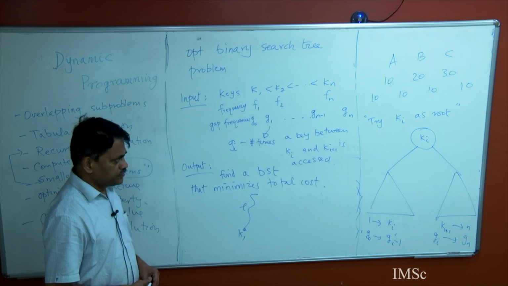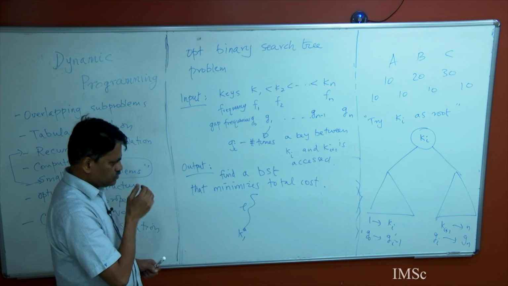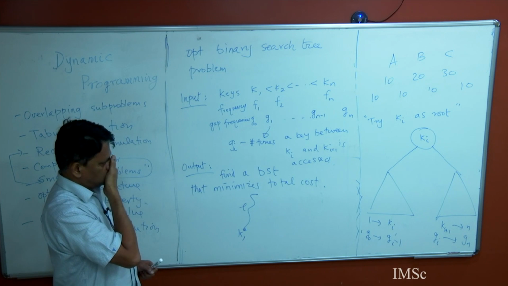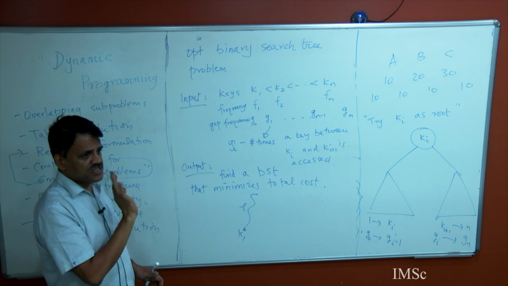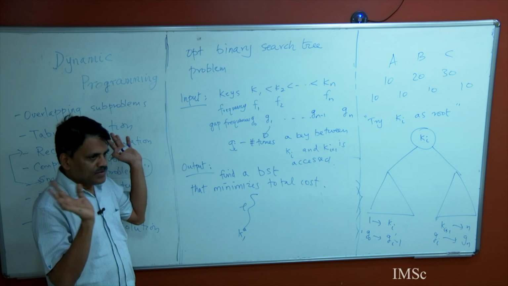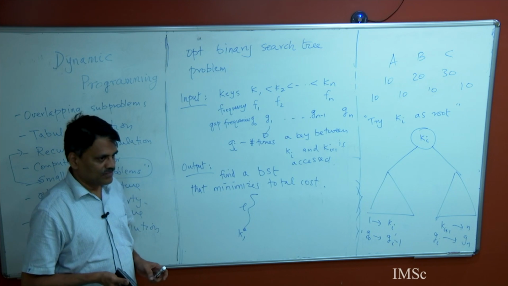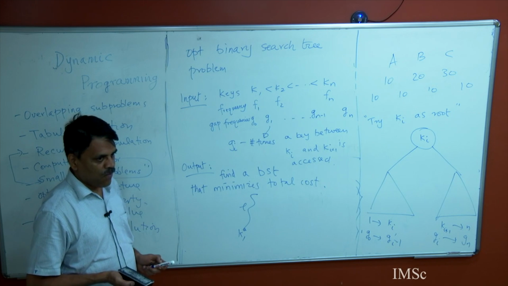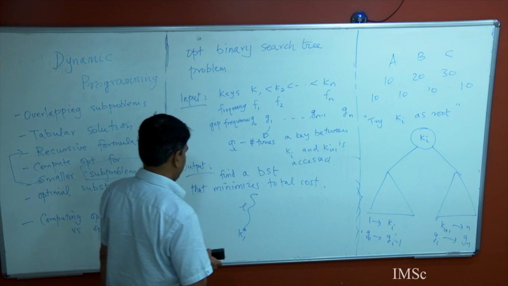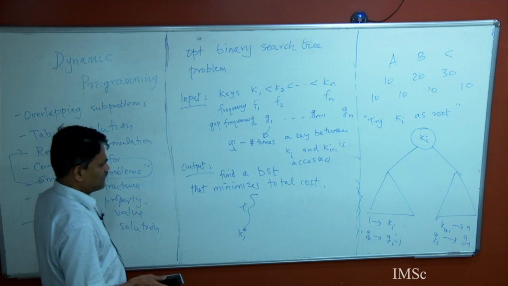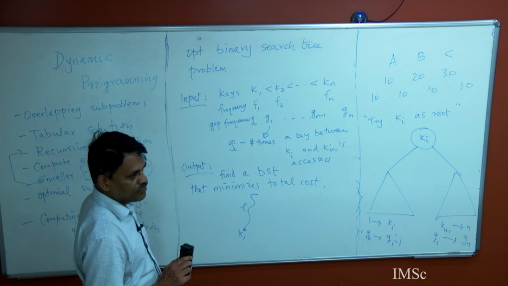Okay. Now, how many different binary search trees are there? Suppose I just do brute force. Well, you can get that from this picture. We can change the root every time with n.